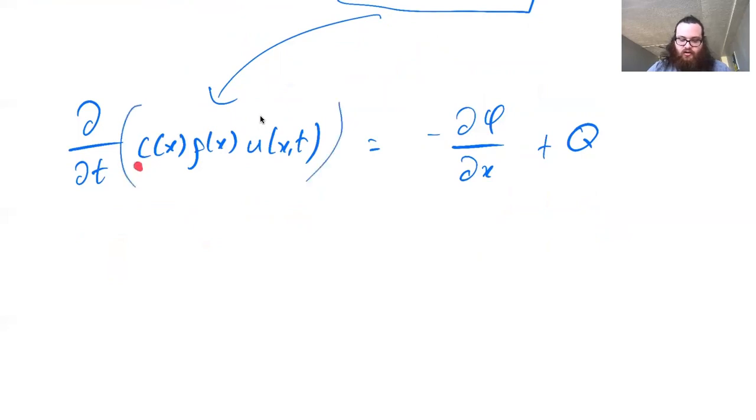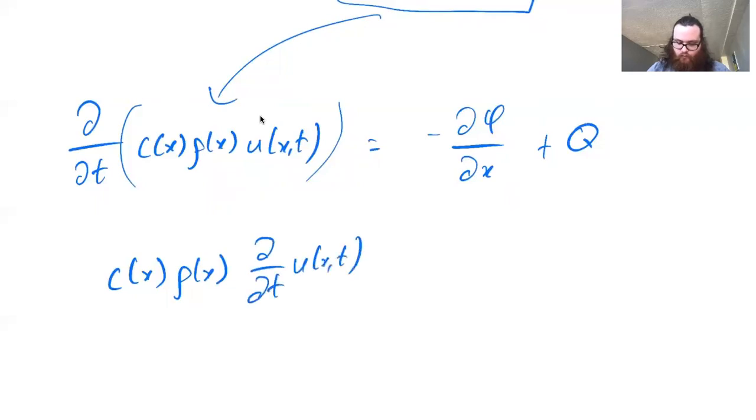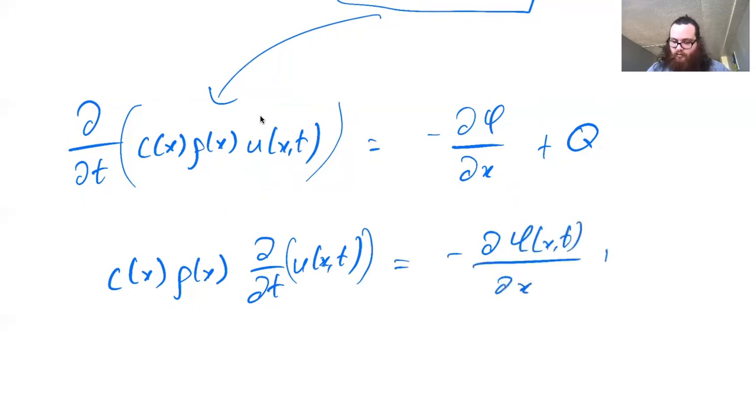Notice that here, specific heat and density don't depend on time. The properties of the material aren't changing, just the heat, or the thermal energy. So we can pull those out and end up with this expression here, which is minus the flux, and I can write out the arguments as well, plus the source term.